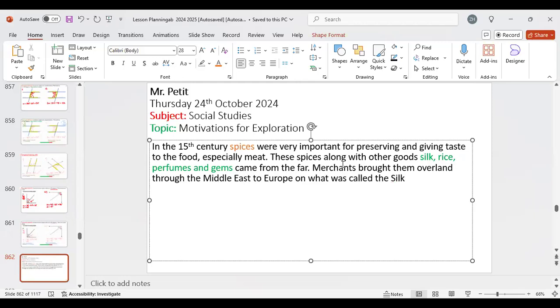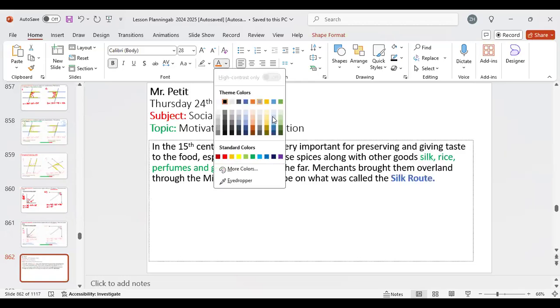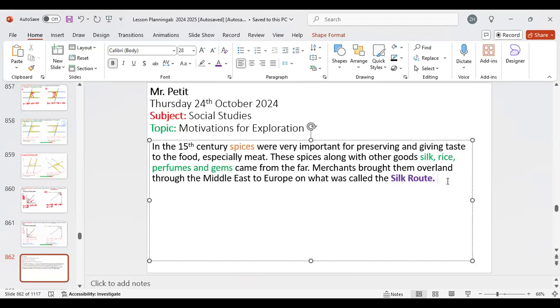So you have merchants, they want to make their money. They would go on the Silk Route to and from the east, either to buy or to sell. And so they made a little money doing that.